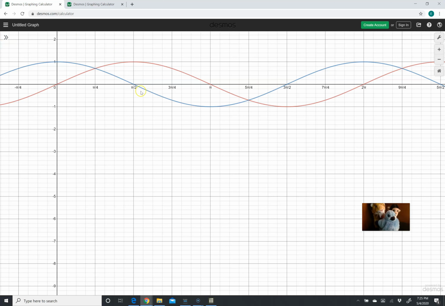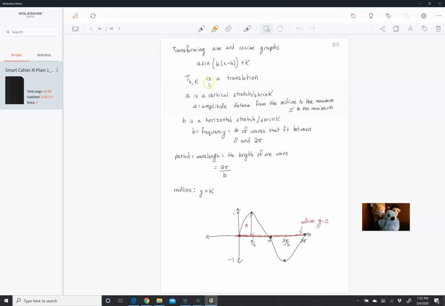So let's go back to our notes. We said that when we transform our sine or our cosine graph, so we can use cosine as well, we can transform it in 3 ways. We can vertically stretch or shrink it, okay? The vertical stretch and shrink is the A, that changes our amplitude. The horizontal stretch and shrink is our B, that changes our frequency, and as such our period, okay?